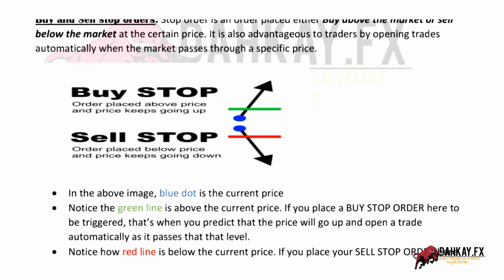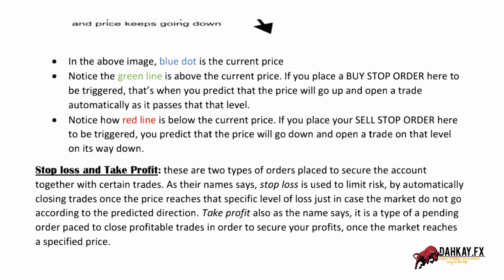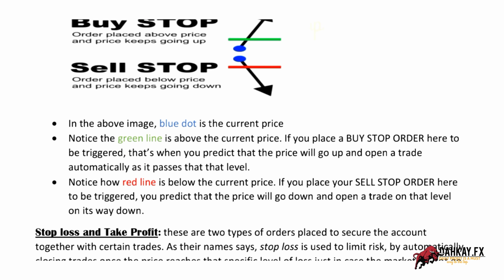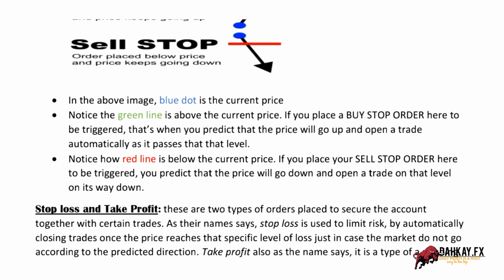Usually the CPI, because CPI is very fast, so this strategy is used only during the big events. So I think you guys understood what we call a stop order, a buy stop order and a sell stop order.